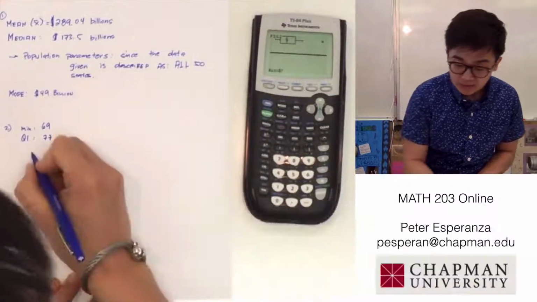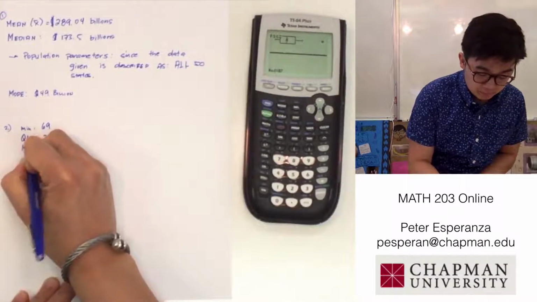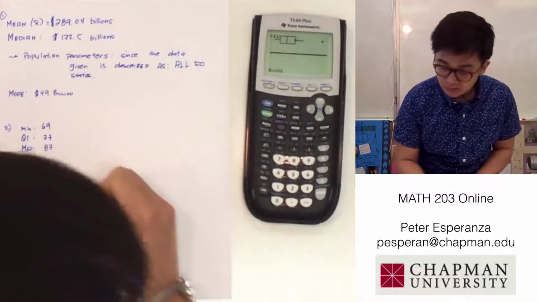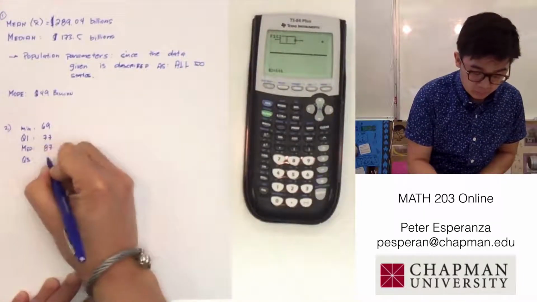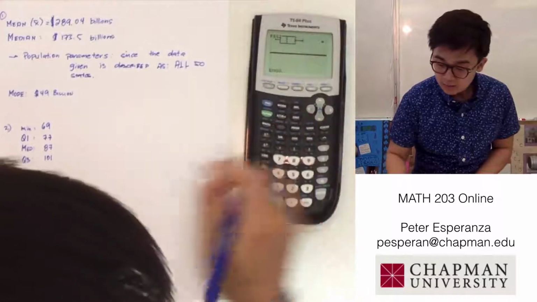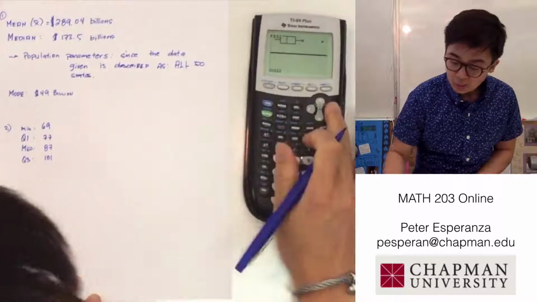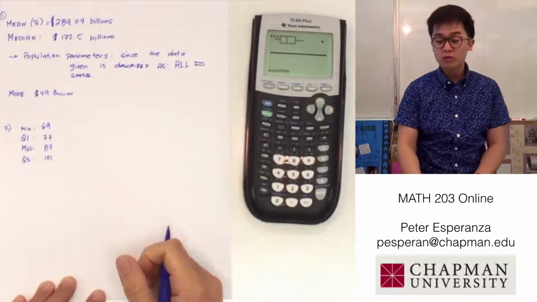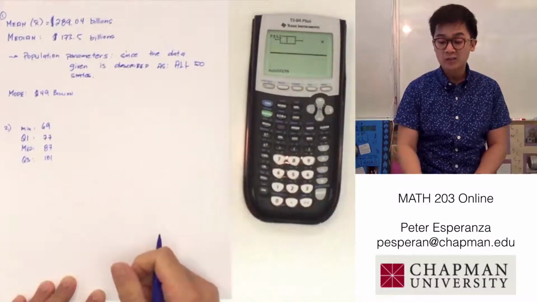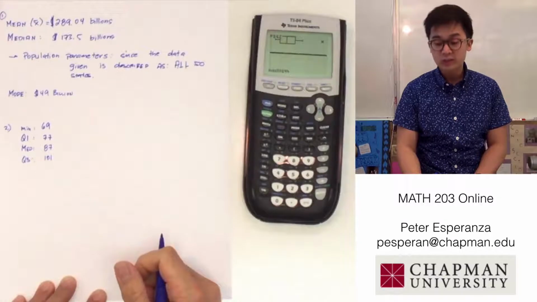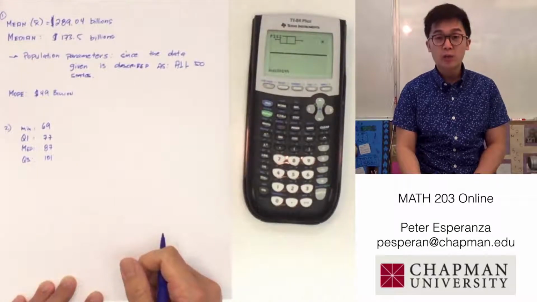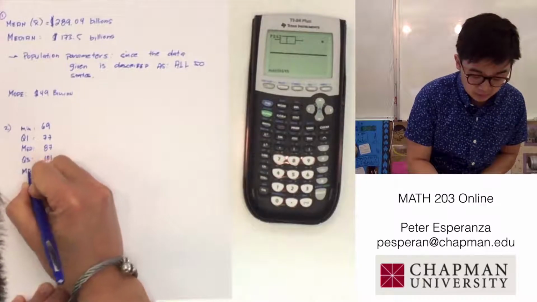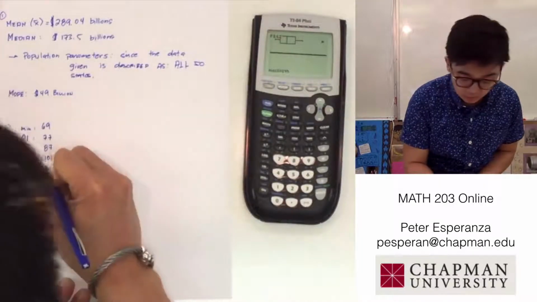Our median is 87. Q3 is 101. And the maximum is going to be 144. Notice that 144 is right outside the range. It's because 144 is considered to be an outlier using the 1.5 IQR rule. So our maximum here will be 144.